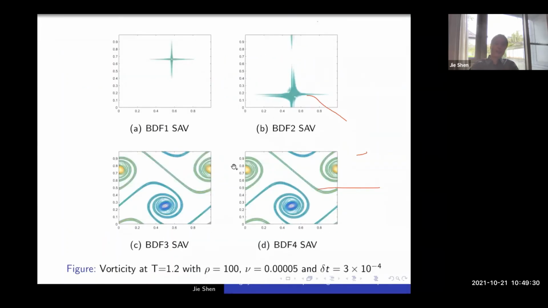And here is an example showing that higher order approximation is much better than lower order approximation for a very complex flow. We know that the SAV scheme will always give you a stable solution, but it does not guarantee a good solution. You see, the first order and second order give you garbage. But if you use a third order and fourth order with the same parameter, you get the correct solution.